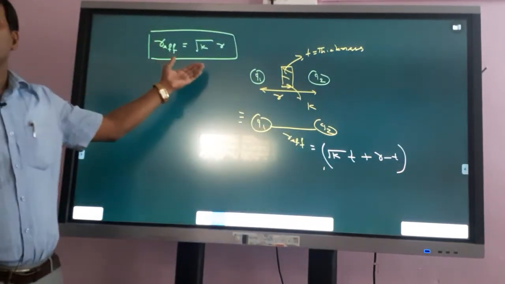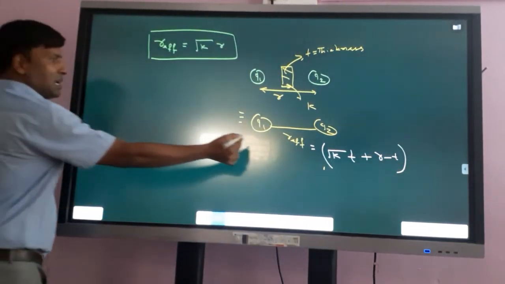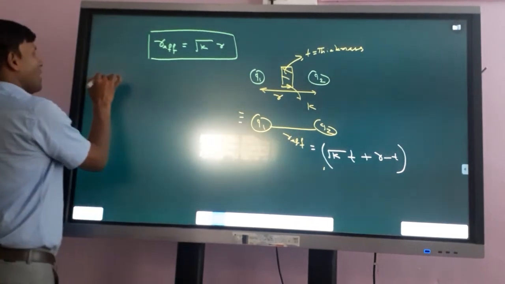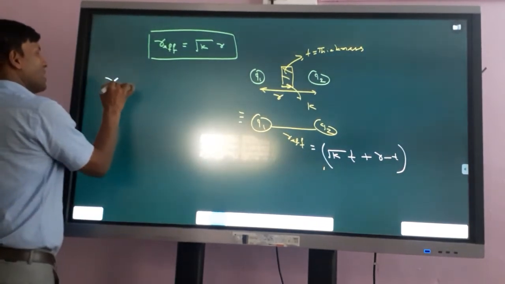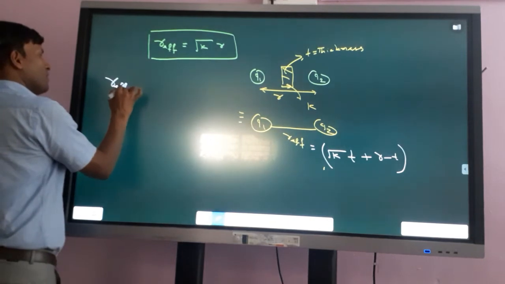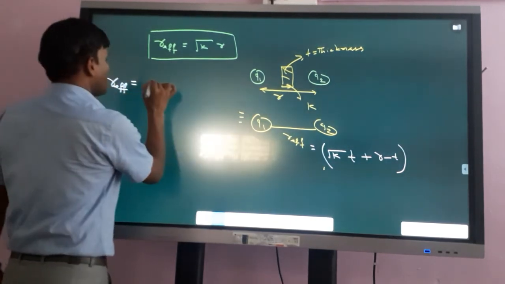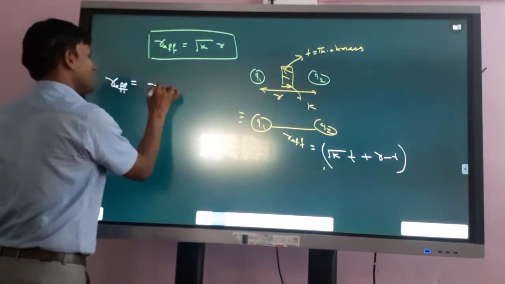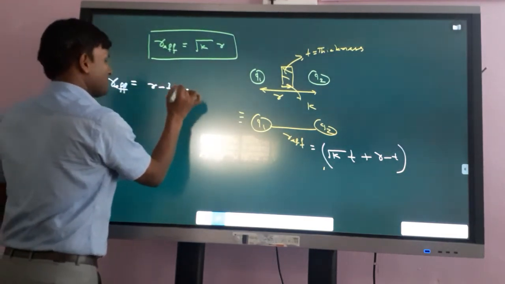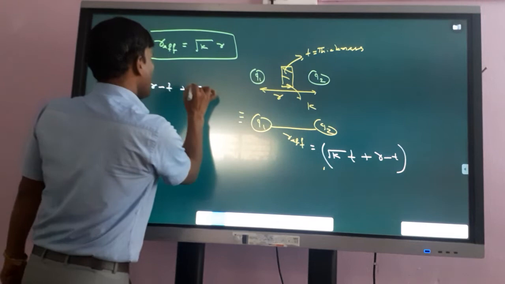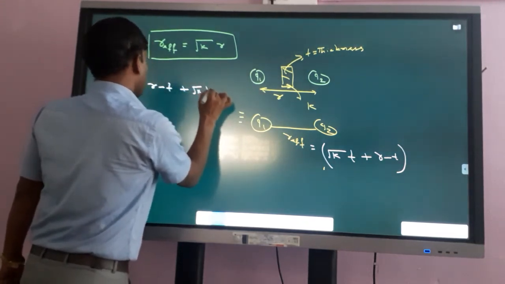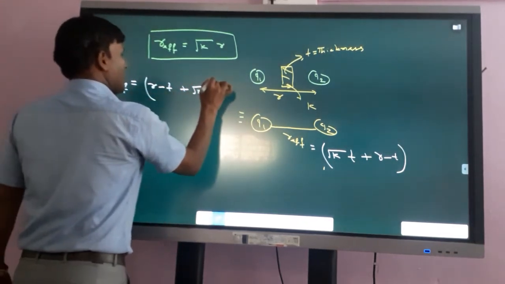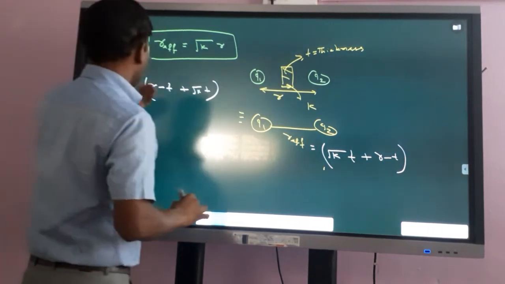So R effective is root K T plus R minus T. This is the value of R effective.